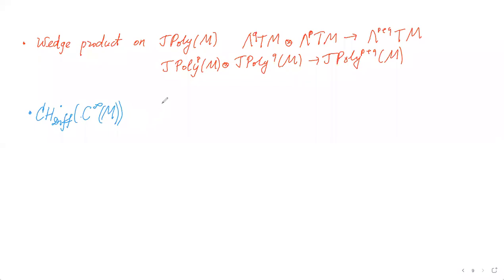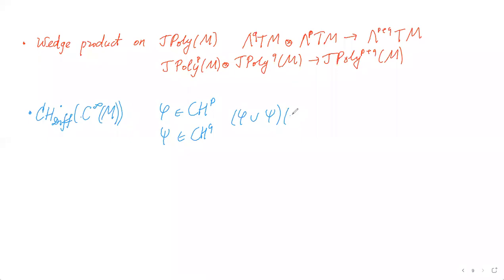Suppose you have a cochain phi in CHP, and a cochain psi in CHQ. How do you define phi cup psi? Well, you just take advantage of the algebraic structure on the functions.